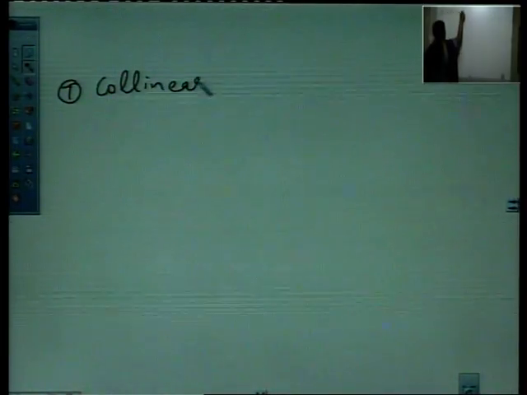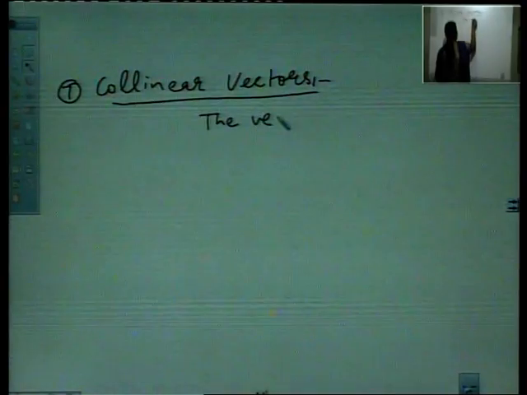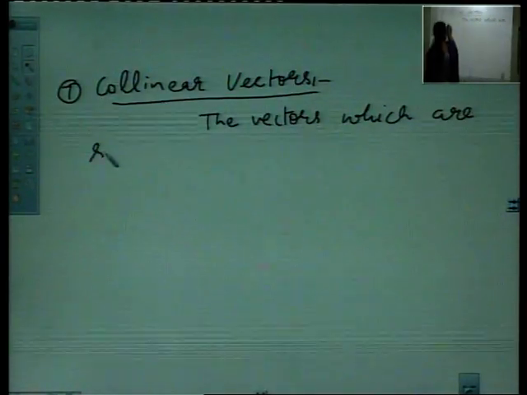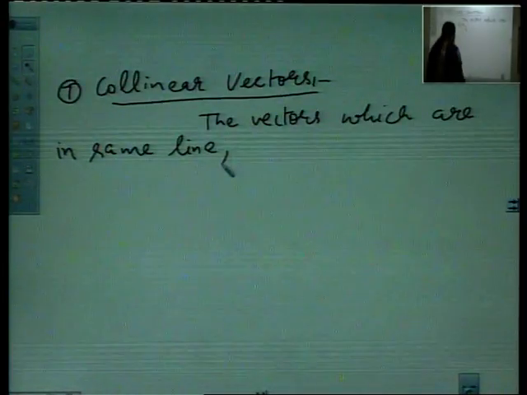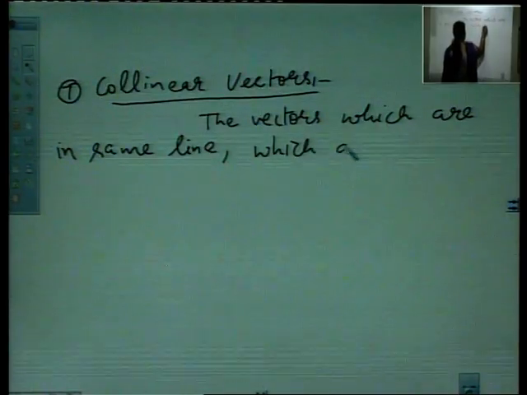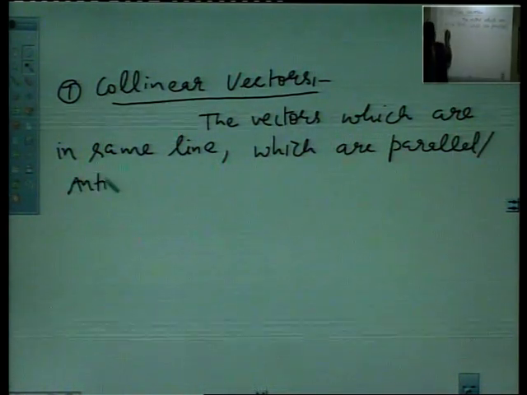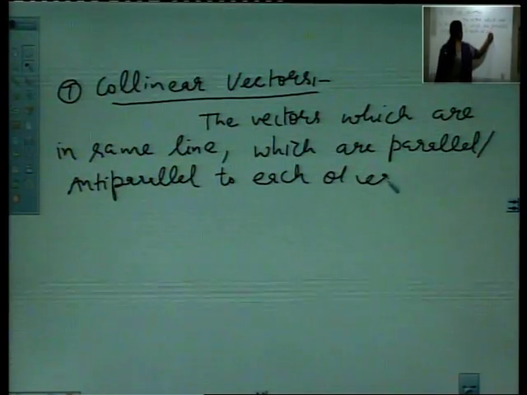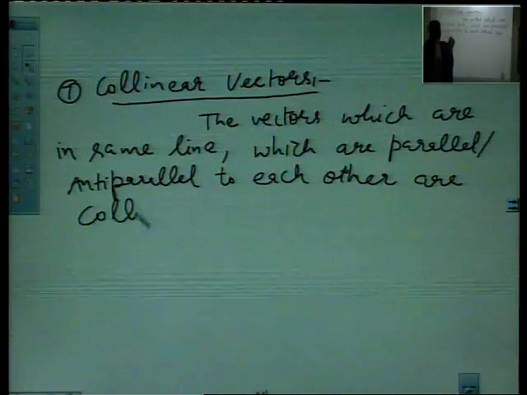So now next is the collinear vectors. The vectors which are in the same line and which are parallel or anti-parallel to each other are collinear vectors.